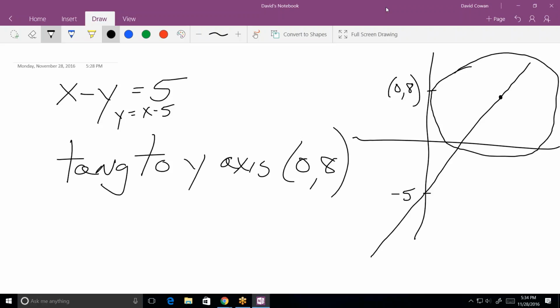Okay. First of all, if I connect the center of the circle to this point right here, this is always a right angle. Yeah. So it's going to be on the same y plane, right? Well, if that's a right angle, then that's a horizontal line. Yeah, so it's going to intercept at the 8 on the y-axis.